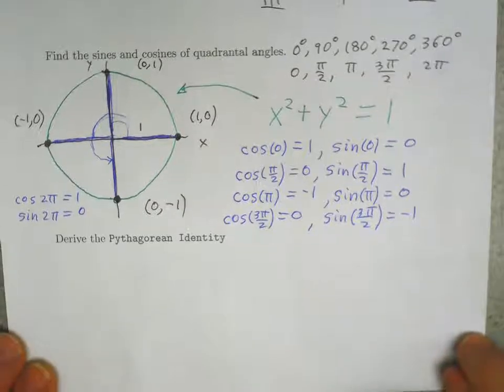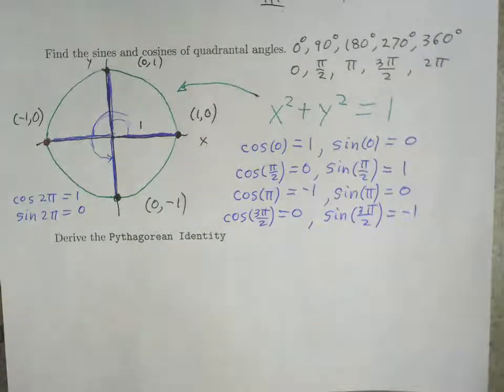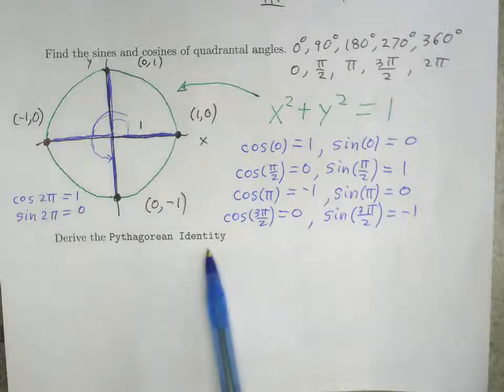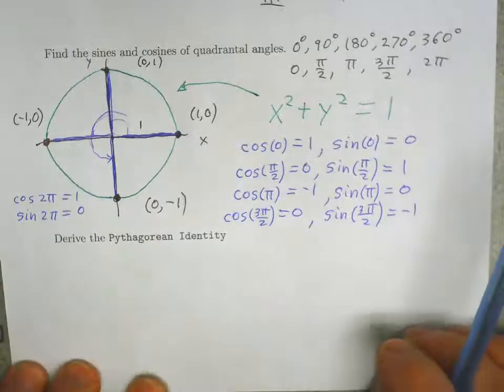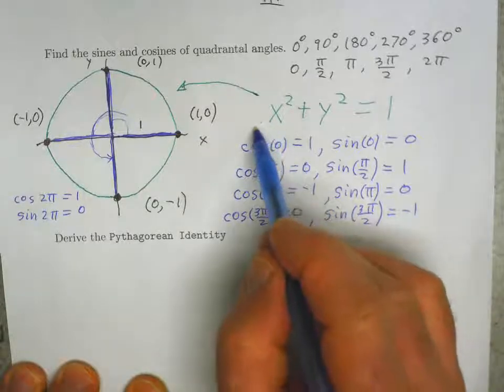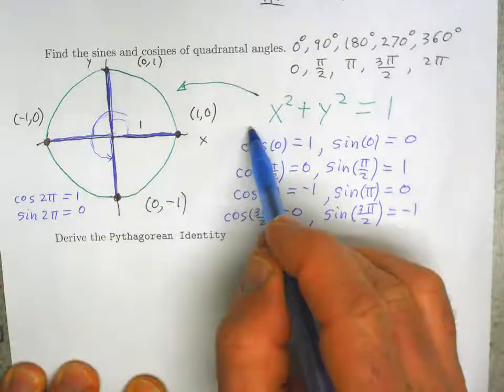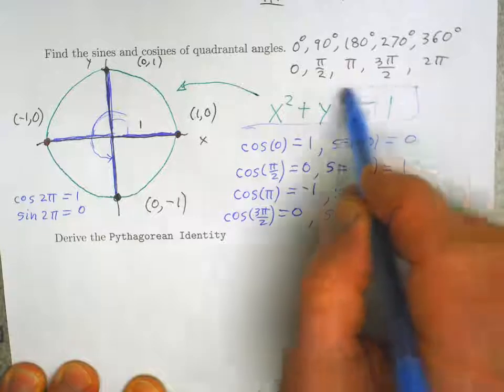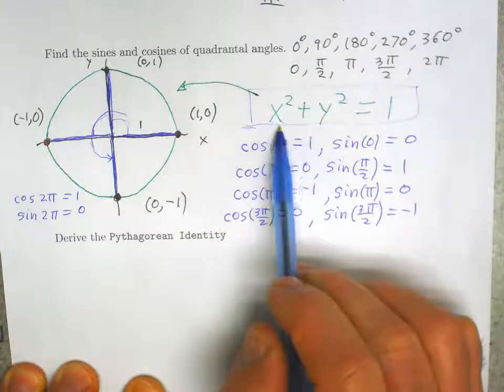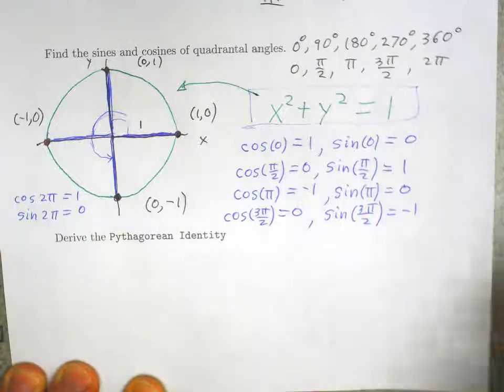Okay, we're going to use the unit circle and the sine and the cosine to derive what is called the Pythagorean identity. And we'll make use of this algebraic equation for the unit circle centered at the origin, x squared plus y squared equals 1.